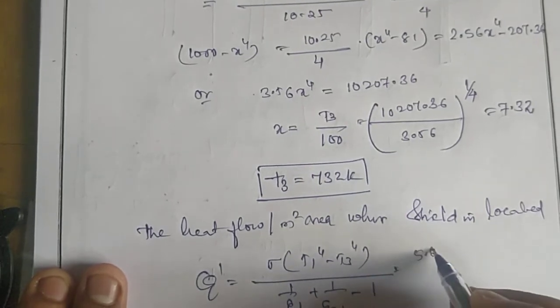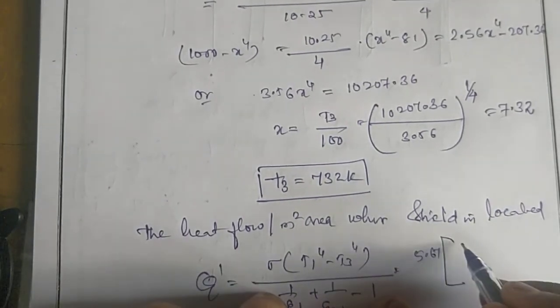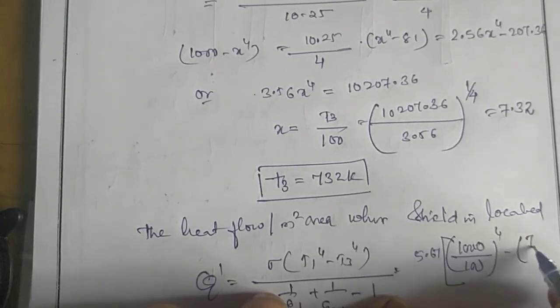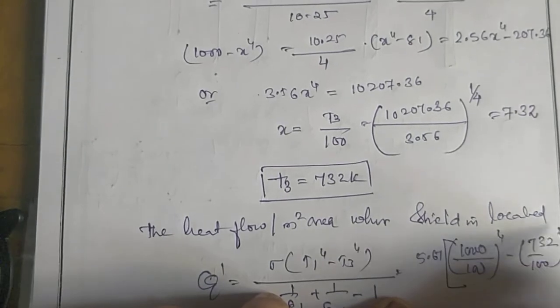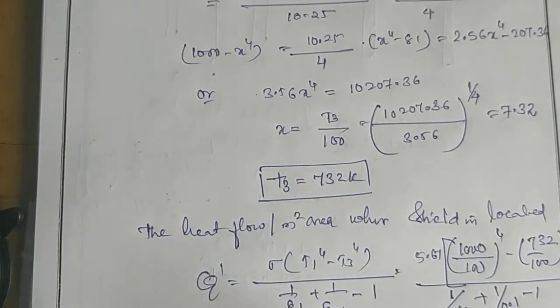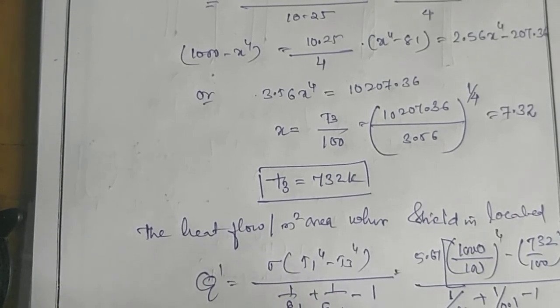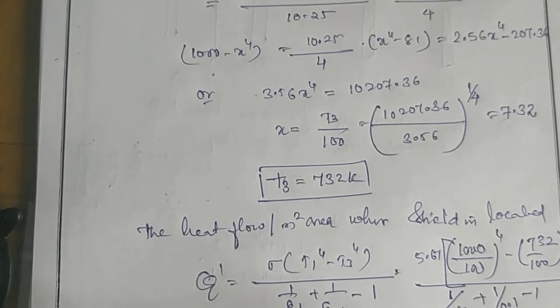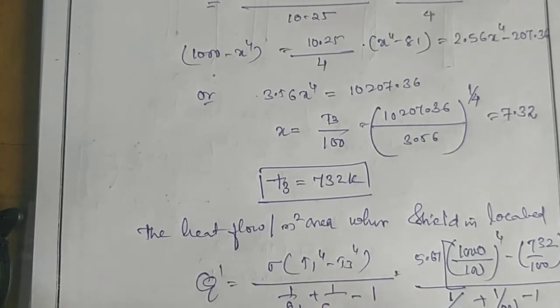So 5.67 times (1000 by 100 to the power of 4 minus 732 by 100 to the power of 4) divided by 1 upon 0.8 plus 1 upon 0.1 minus 1, which is 1.25 plus 10 minus 1.